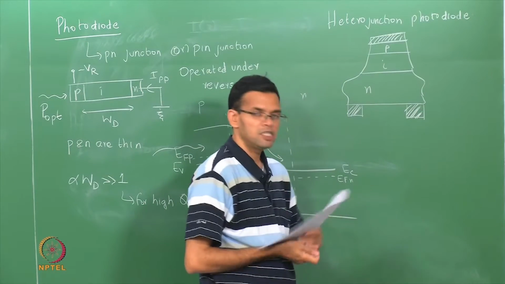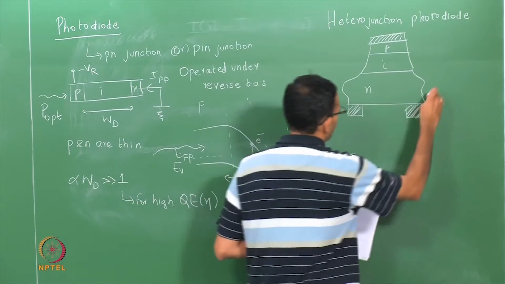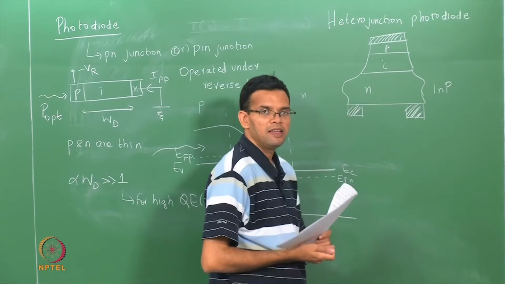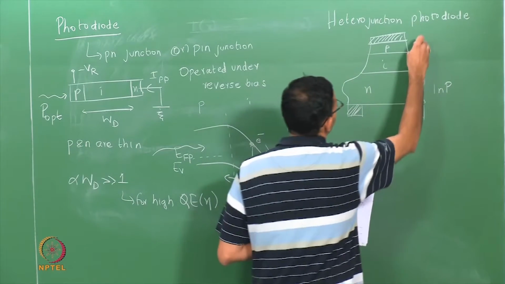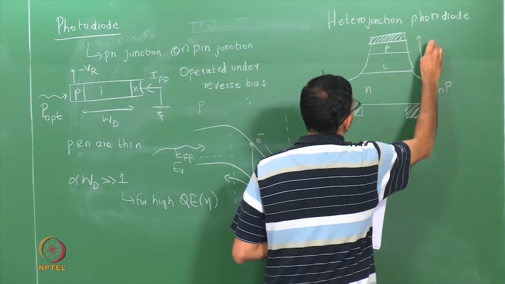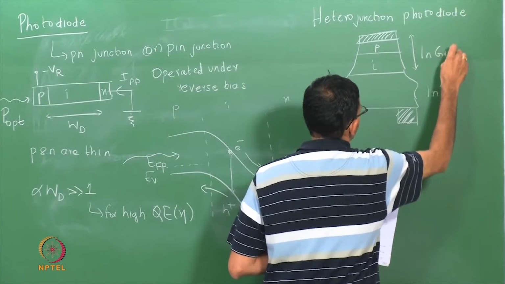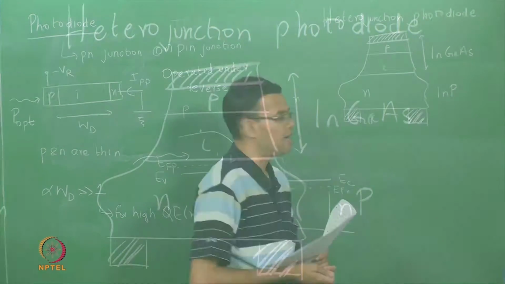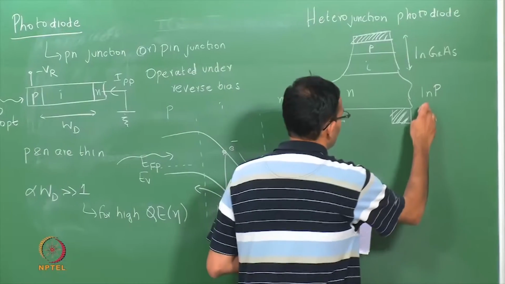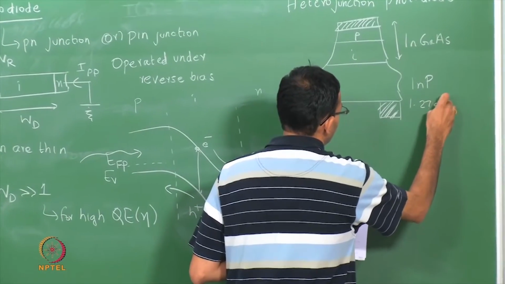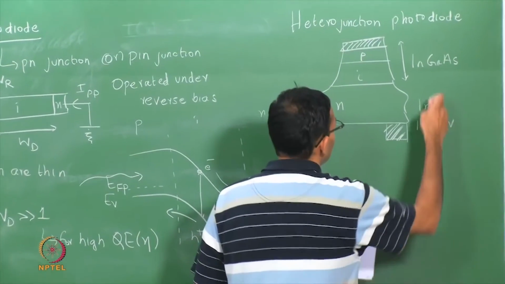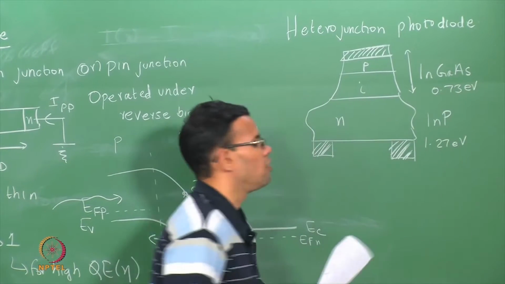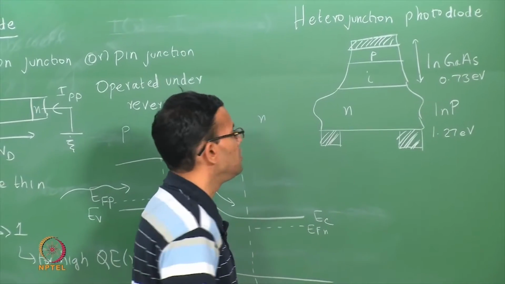So, my N region is made of indium phosphide and my P and the intrinsic regions are made of indium gallium arsenide. So, indium phosphide has a higher band gap, 1.27 eV, and indium gallium arsenide has a band gap of 0.73 eV.